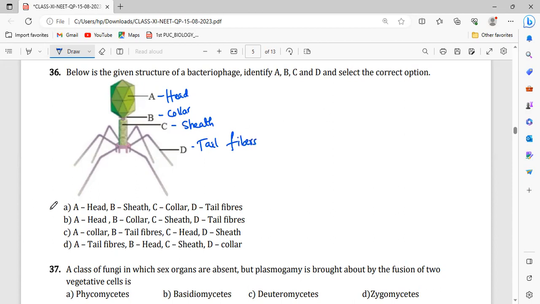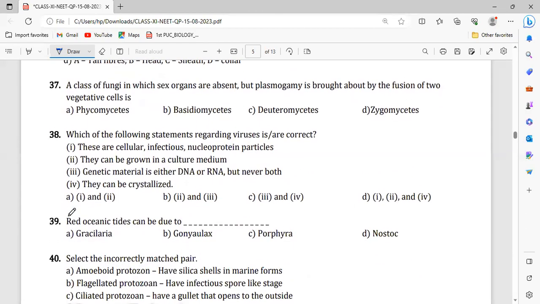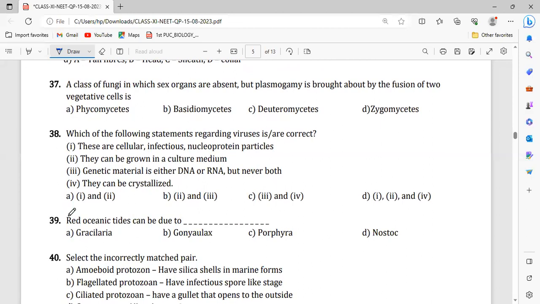Out of the given options, the one which corresponds to this is option B. Next 37. A class of fungi in which sex organs are absent, but plasmogamy is brought about by the fusion of two vegetative cells. This feature we can see in Basidiomycetes.